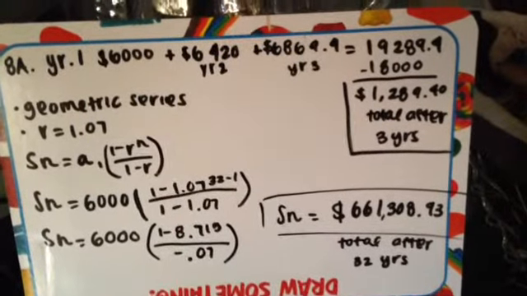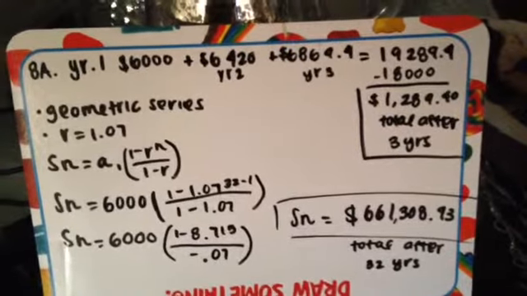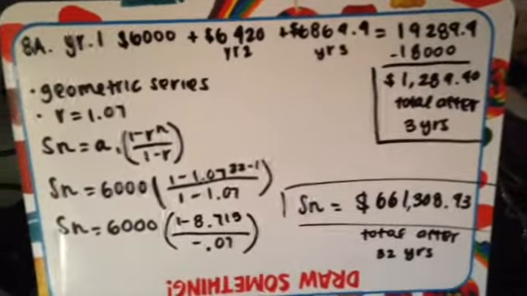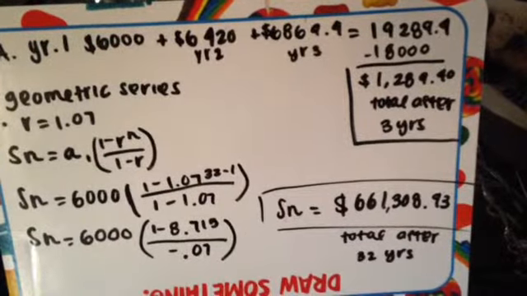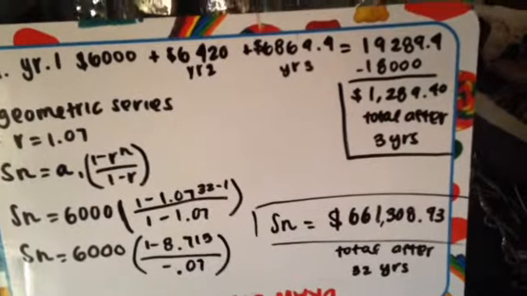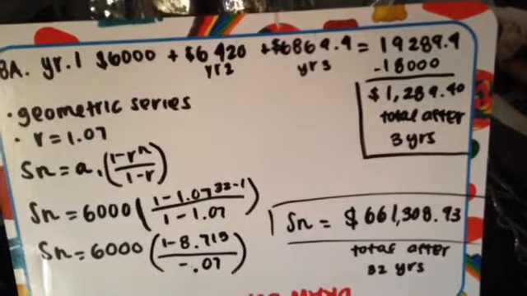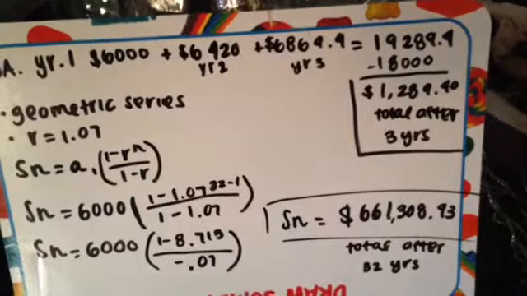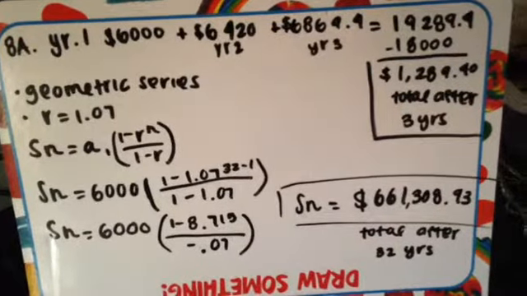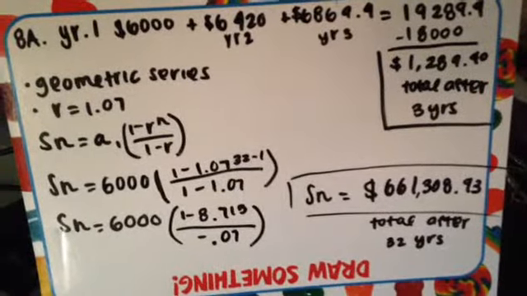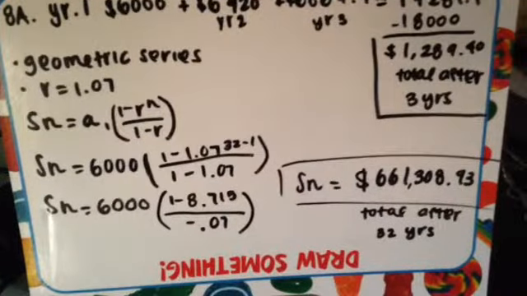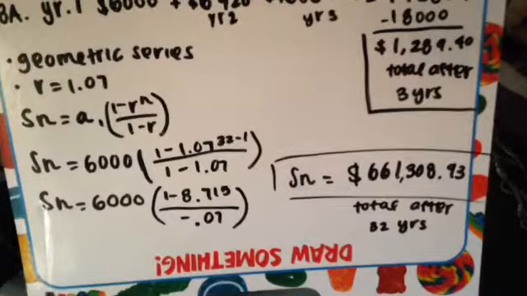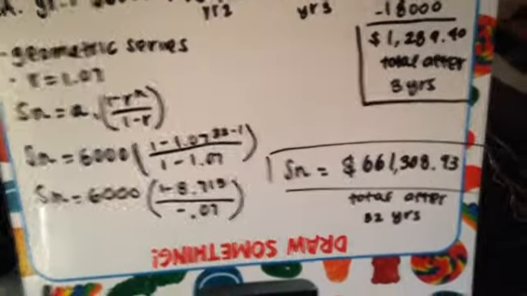For each year, you add the 7%, and that's how you find your pattern. After 3 years, you have $1,289.40. To find the total after 32 years, you have to use your geometric series formula, plug in all your values, and then for your total after 32 years, you have $308.93.